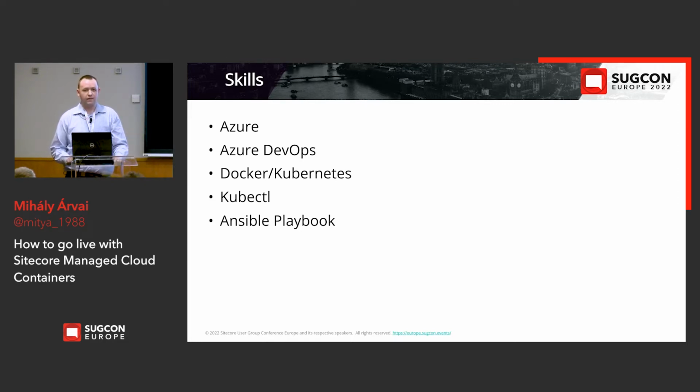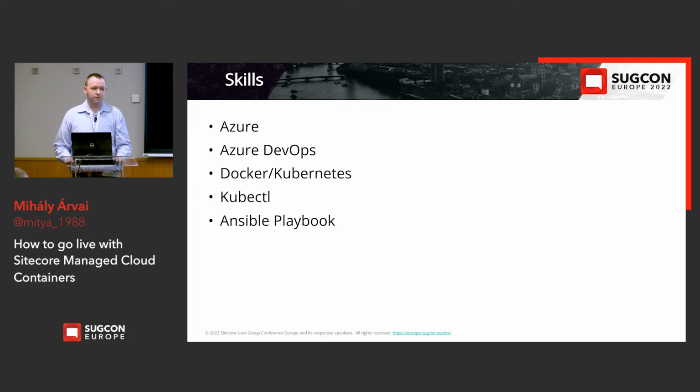Also, you should have at least a basic understanding of Azure DevOps, because Sitecore Managed Cloud comes with a DevOps project, so you need to know how to modify, extend, customize, or create Sitecore pipelines in Azure DevOps. You should know Docker and Kubernetes, of course, and you should know how to build custom images, how to install Sitecore modules in the containers world.